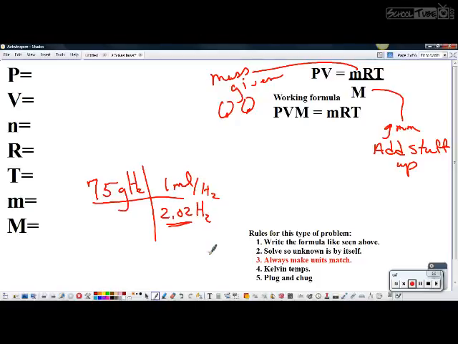Now we're going to decide how to use these two formulas. First of all, I have taken this capital M and multiplied both sides by it. If I multiply this times capital M and this times capital M, it cancels on that side, and look what I have left: PVM equals mRT. Now, in college, you're going to see it like I have it written at the top.